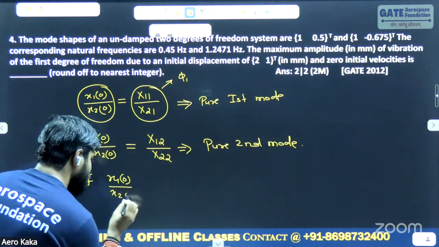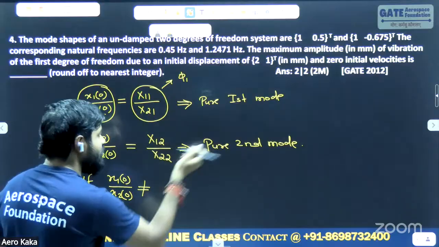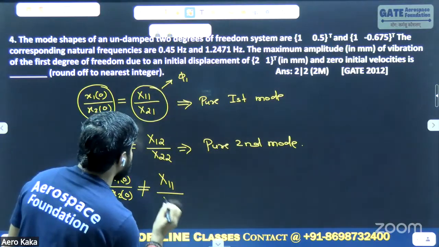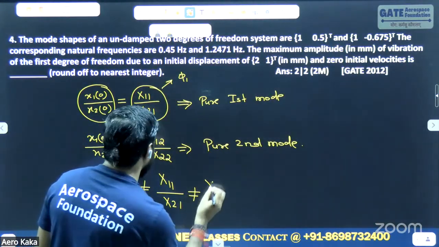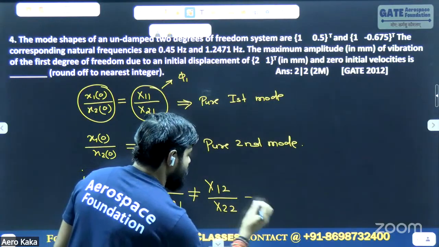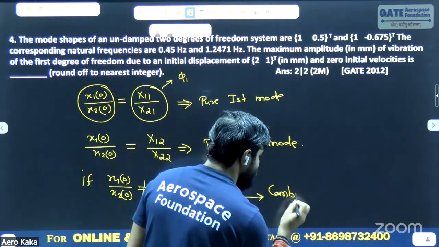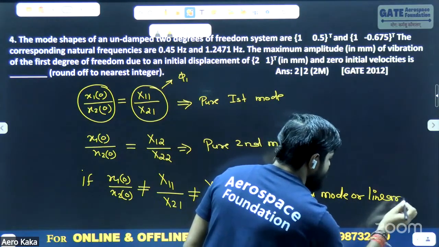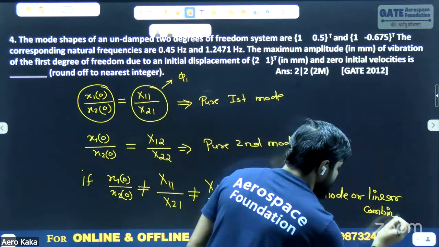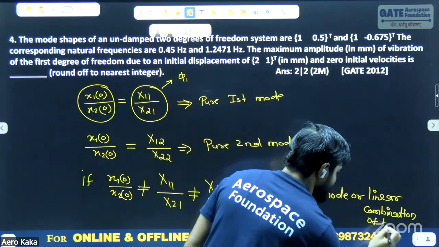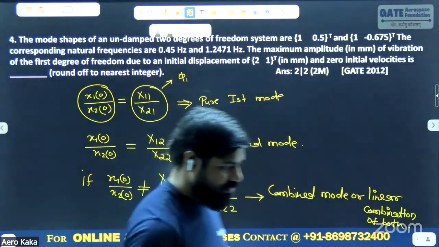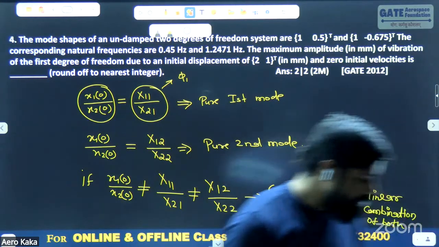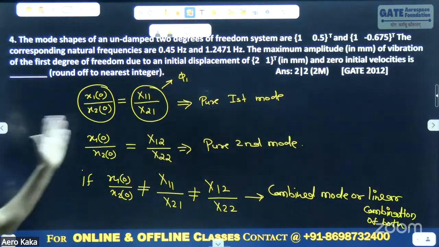If x10 divided by x20 is not equal to the amplitude ratio of both the modes, so x11 upon x21 is not equal to x12 divided by x22, then it is a combined mode, a linear combination of both modes. Is that clear? Shall I remove it?